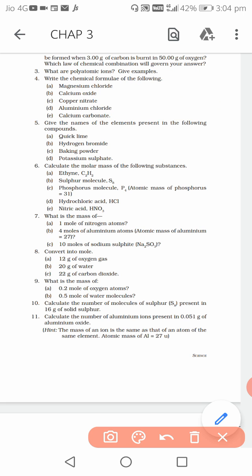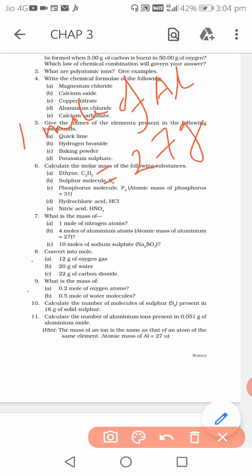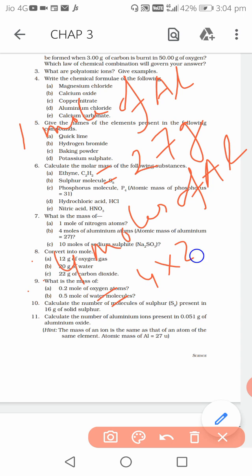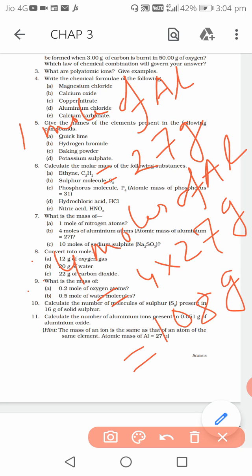So you write it like this: 1 mole of aluminium is equal to 27 gram. Therefore 4 moles of aluminium is equal to 4 into 27 gram. How much is that? 108, right? This much gram.